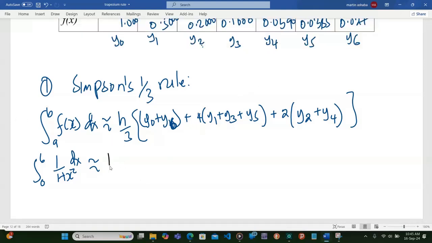My h is already 1 out of 3, into y0, which is 1.00, plus y6, which is 0.027, then we add 4 into 0.5, 0, because that's what we have here.